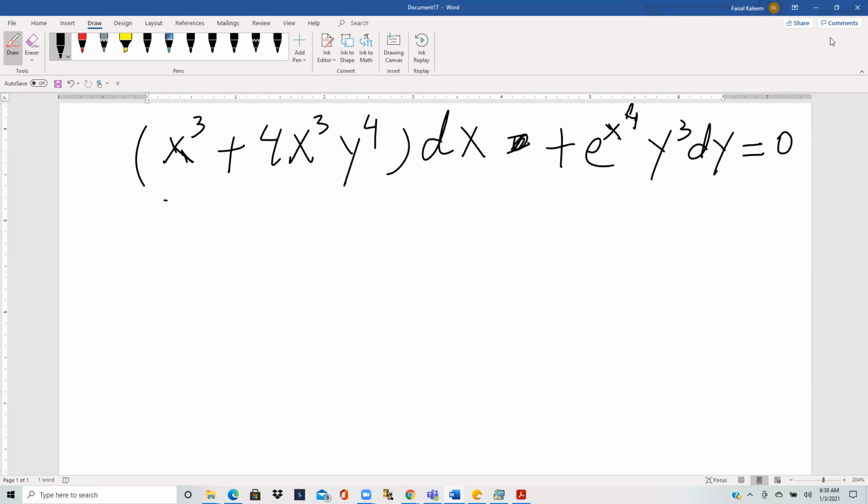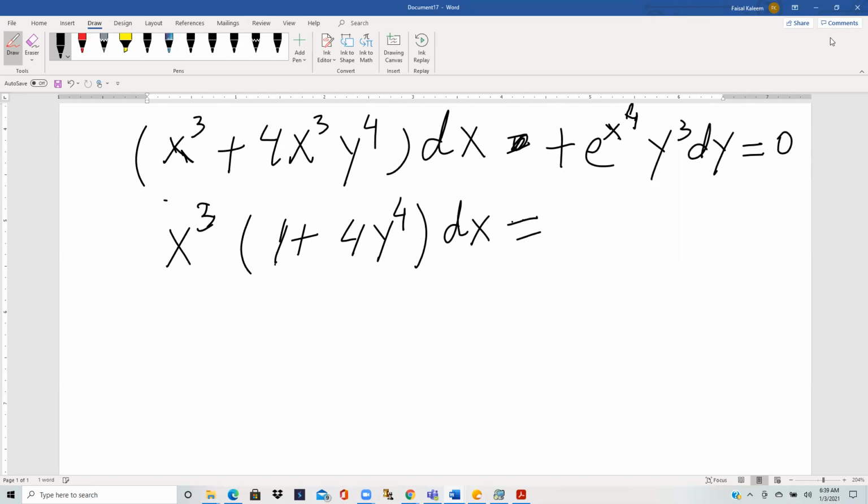So first we find a way of separating the variables. So here you can factor out an x cube. You get 1 plus 4y^4. Factoring is a very powerful thing we can do for separating variables. And take this one on the other side, negative e to the x^4 y cube dy.